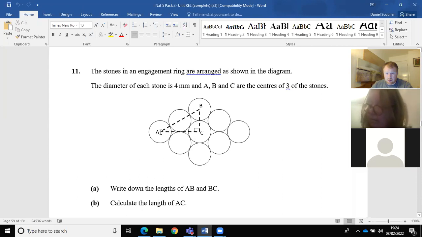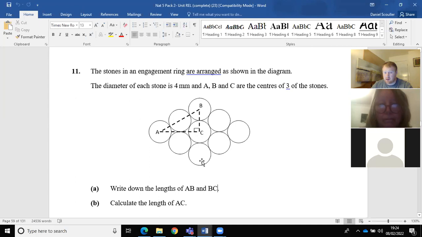AC we need to use Pythagoras for, because there's a wee bit of overlap between those circles. So you need to use Pythagoras to work out what this AC is. It's not a straight case of one diameter plus another diameter. So AB, the circles are touching each other, so it's centre of circle through a diameter to another centre.